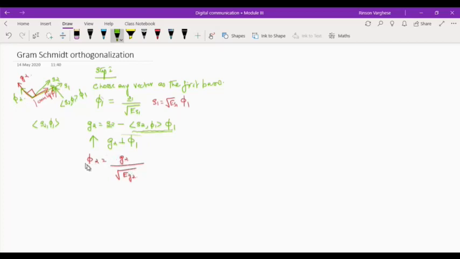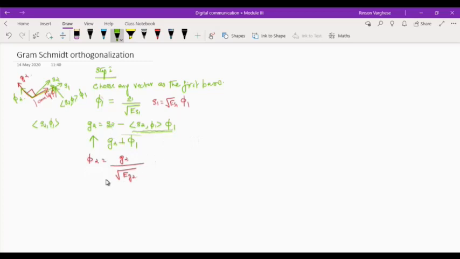So phi2 is a vector in the same direction as G2 but with unit energy. This can be extended to any dimension. If I am going for the third dimension, if I have three signals and need to find a third basis, I need to find the contribution of the third signal in the direction phi1 as well as in the direction phi2 and subtract that from that signal. That will give you the third basis function, basis vector.